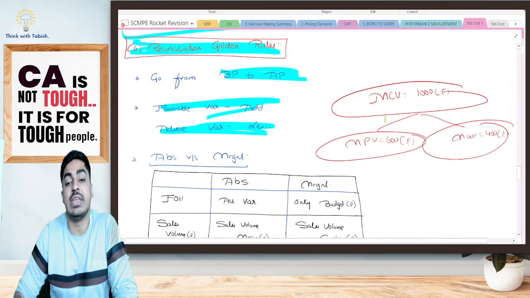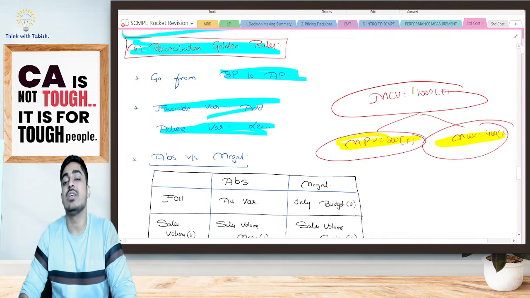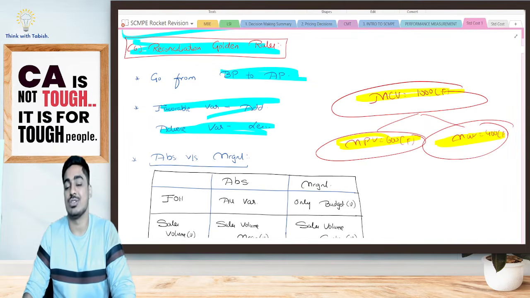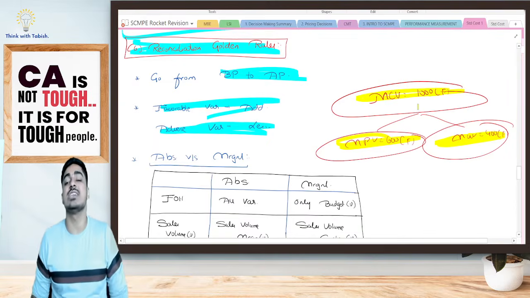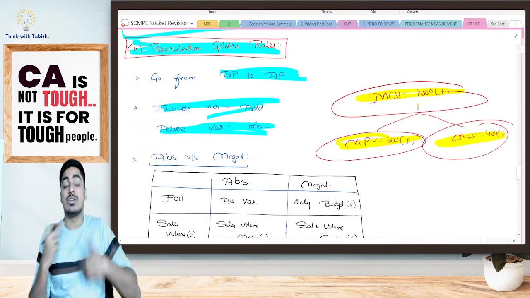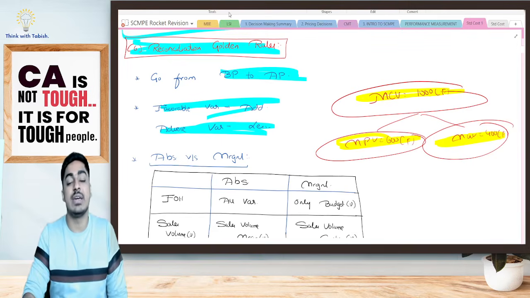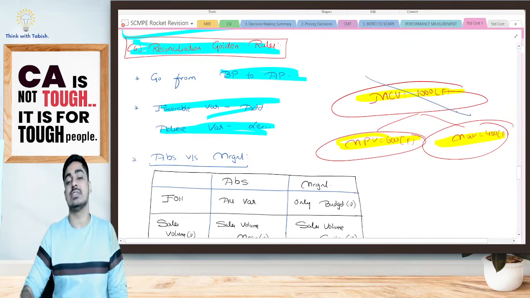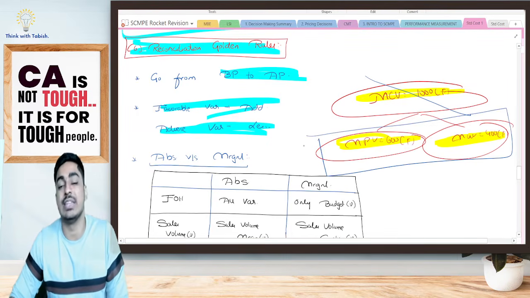So in my reconciliation, I will consider the material price variance and material usage variance. Material cost variance I will not consider. Why? What is material cost variance? It is nothing but the total of your price as well as usage variance. So if you consider the cost variance again, it will be duplication of work. I will not consider the totals of my variances; I will consider variances only at the grassroots level, only at the final level.